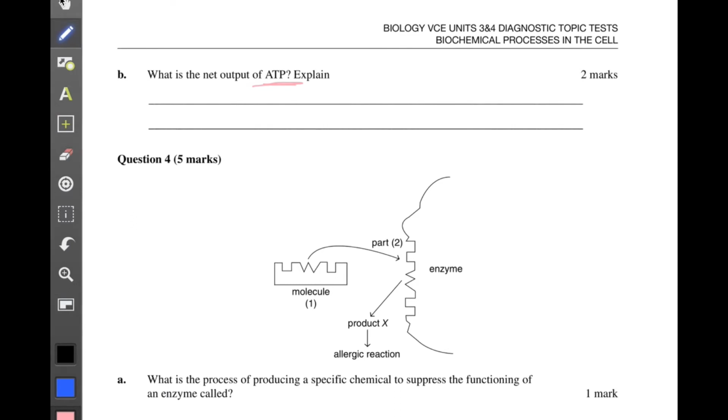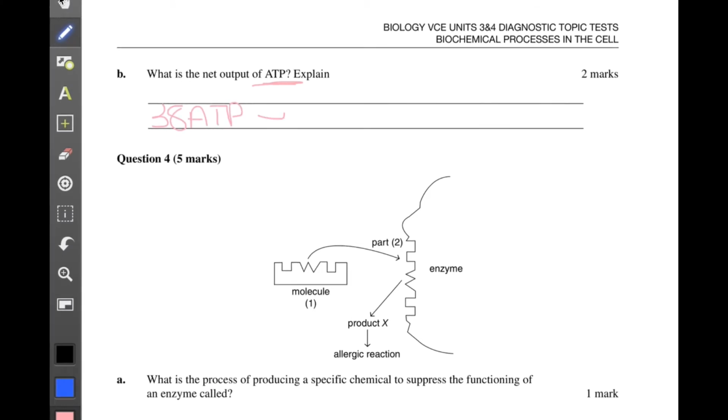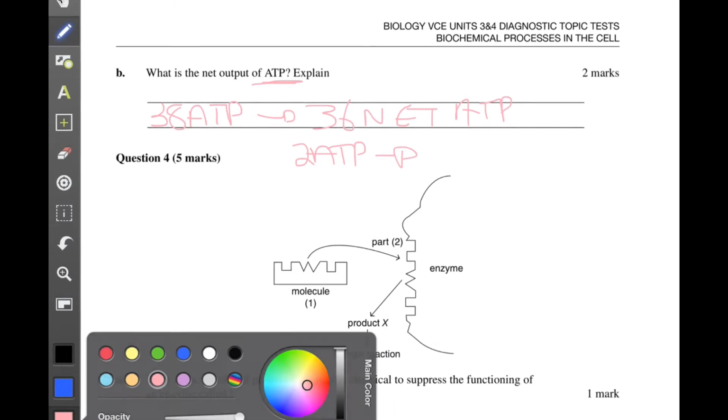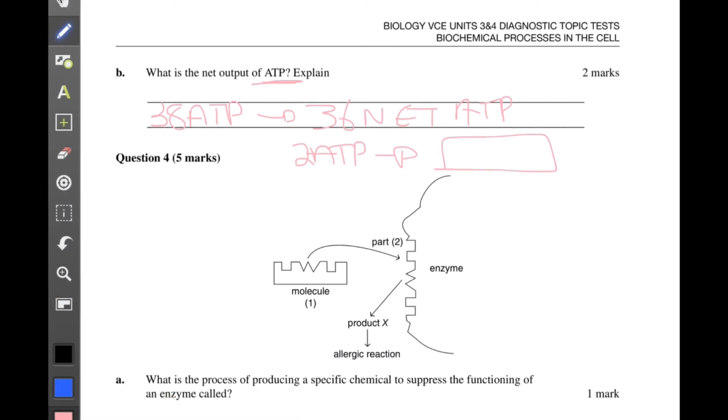So you might see it written as 38 ATP, but in fact we get 36 net ATP because of those 2 ATP that are required to get into the mitochondria.